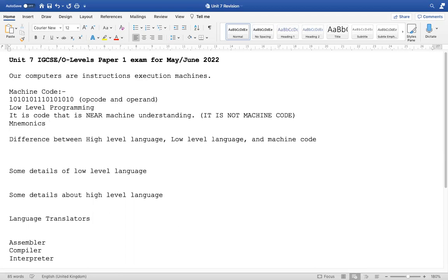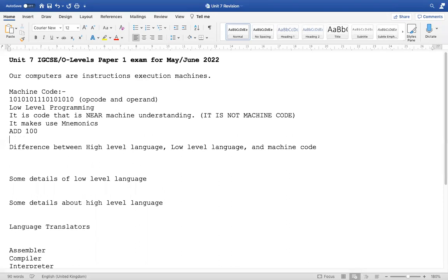So for example, an instruction like ADD 100. As you can see here, this is one line of assembly language code. Assembly language is, as you know, a low-level programming language. This is an example of assembly language code.